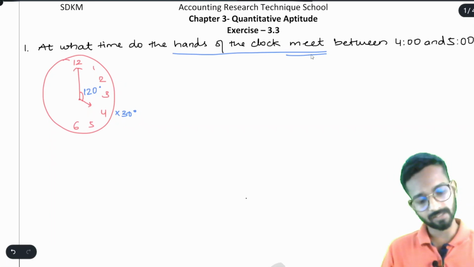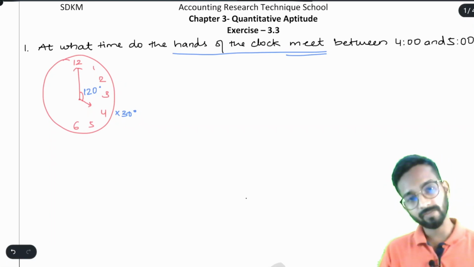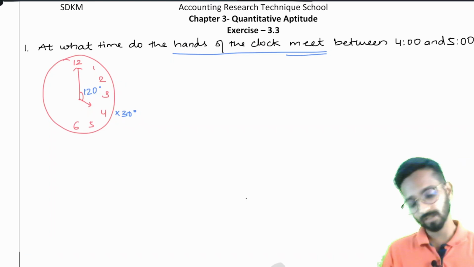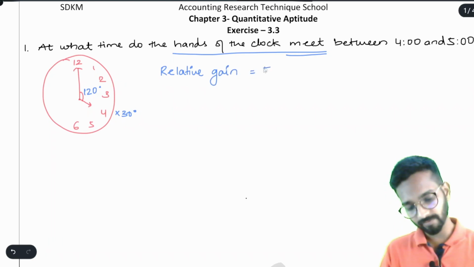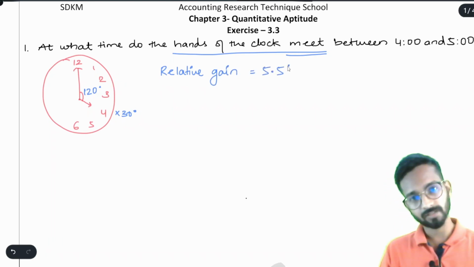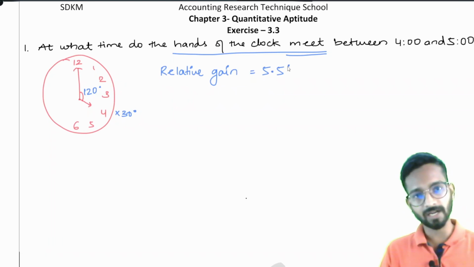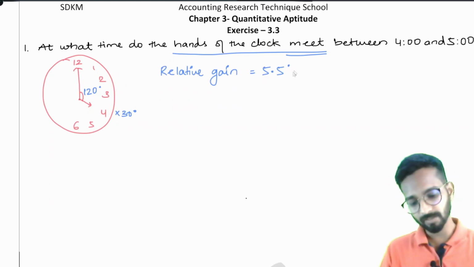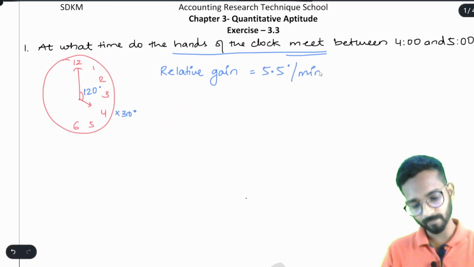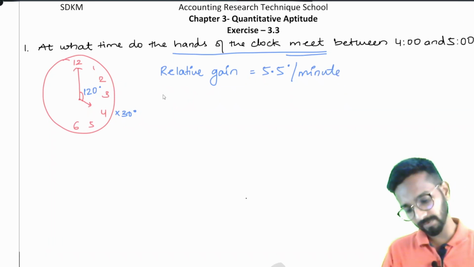Okay. So I can say that with every passing minute, what is the relative gain between both the hands? Relative gain is 5.5 degrees. Simple. Why? Because the minute hand will move 6 degrees and the hour hand will move only 0.5 degree. So relative gain is 5.5 degrees per minute. Now, at what time will they meet?